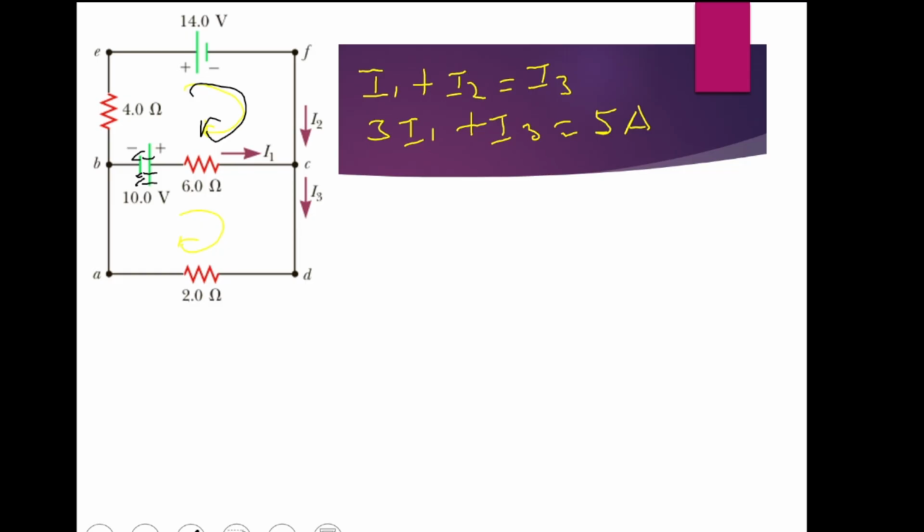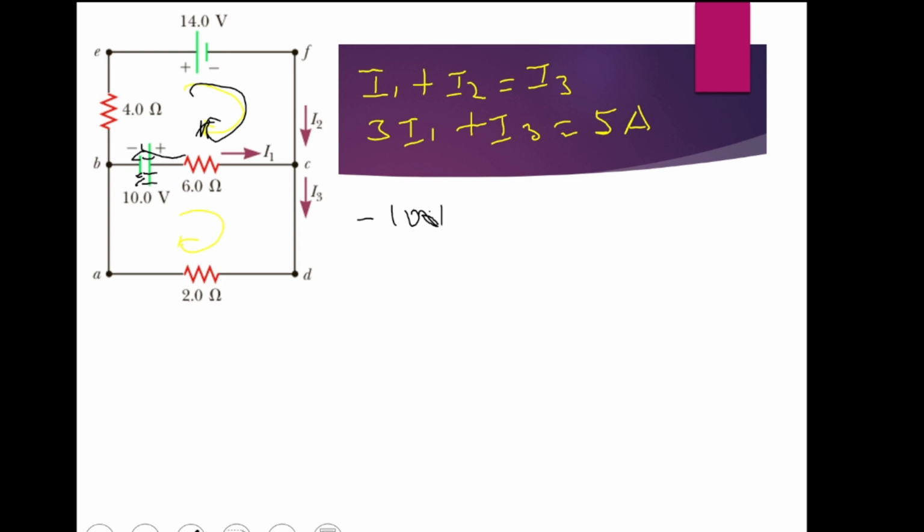If we are moving according to our loop direction, we are dropping our energy because we don't need energy at that point. So it must drop this amount of volts. So it will be negative. This amount is minus 10 volts.